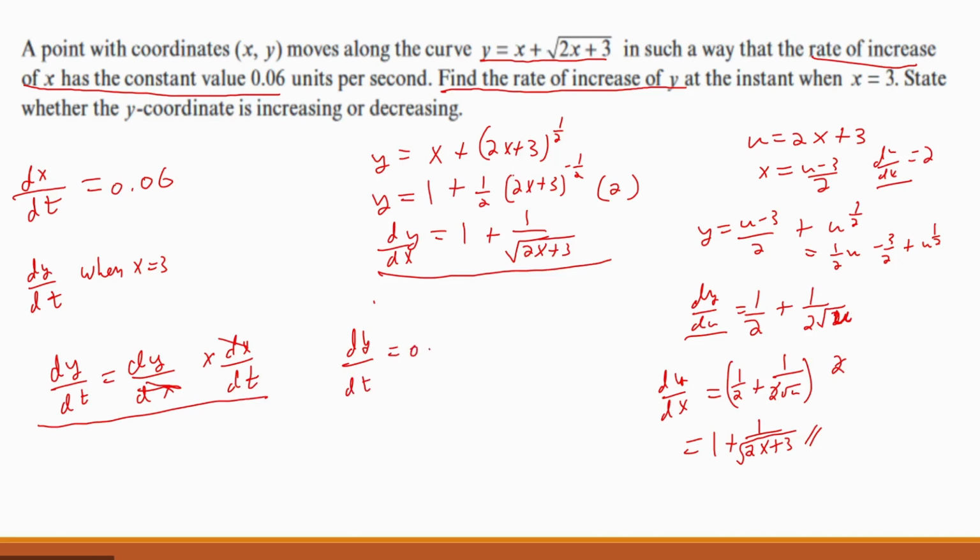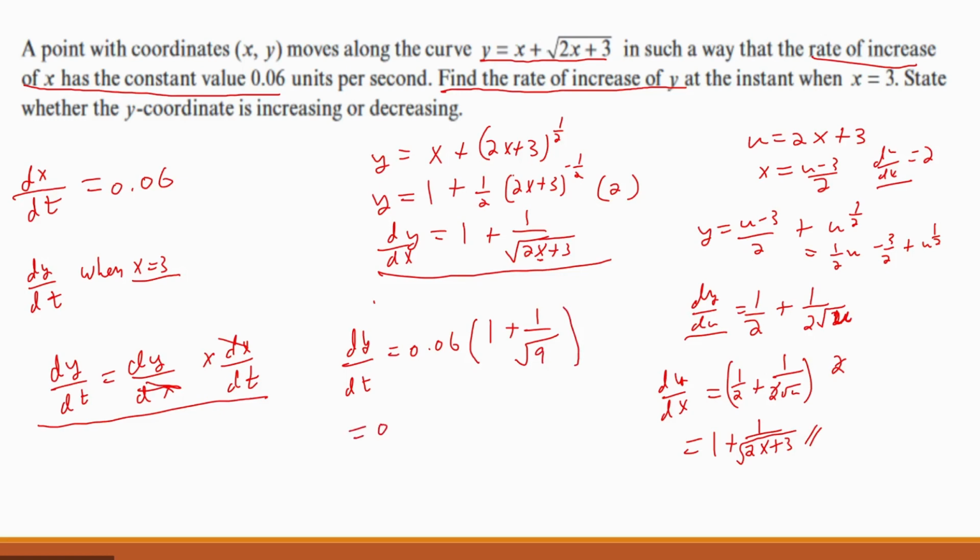So 0.06 into, and it says when x is equal to 3. So you are supposed to input x is equal to 3 into the dy over dx equation you got. So 1 plus 1 over square root of 2 into 3 gives me 6, and 6 plus 3 gives me 9. This is how we are going to write it out.